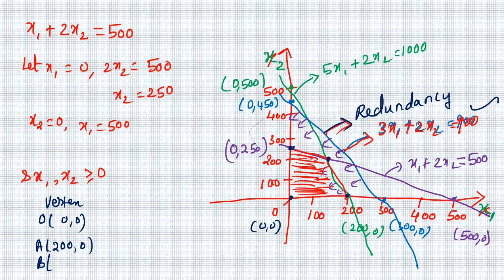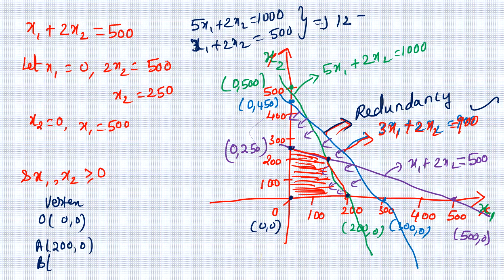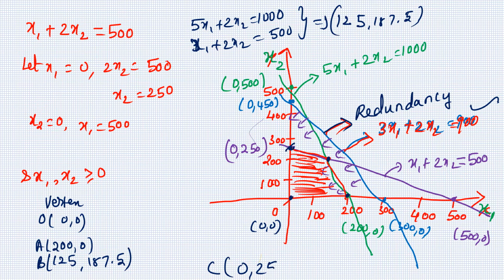Solve these two equations: 5x1 plus 2x2 equal to 1000, and x1 plus 2x2 equal to 500. If you solve these, we get (125, 187.5). So we consider that as another corner point, and the last one, corner point C, is (0, 250).